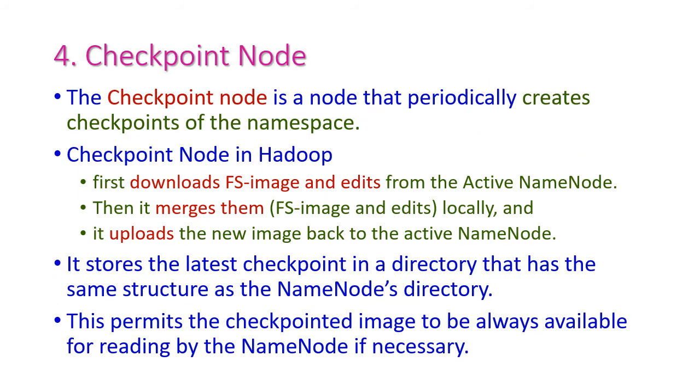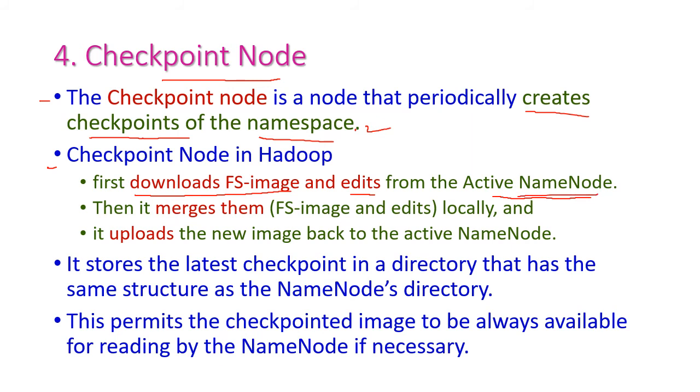And now let us move to the checkpoint node. Another important node in HDFS is checkpoint node. It is a node that periodically creates the checkpoints of the namespace. The checkpoint node in Hadoop will first download the FS image file and edits from the active name node.